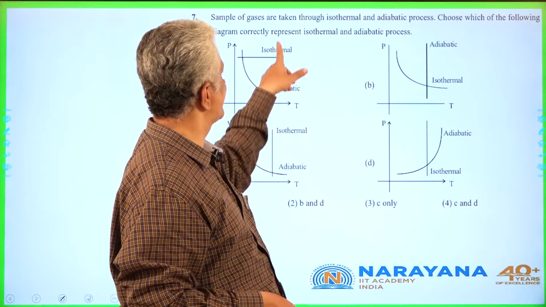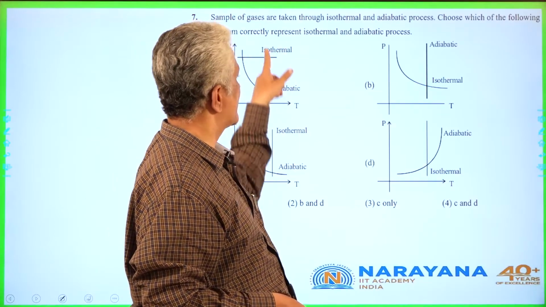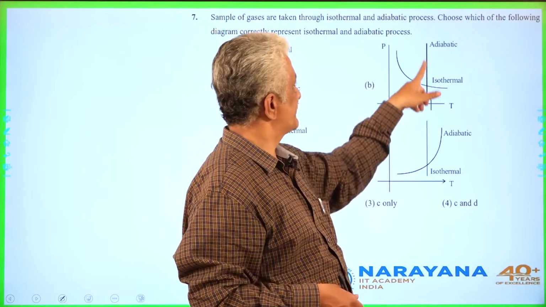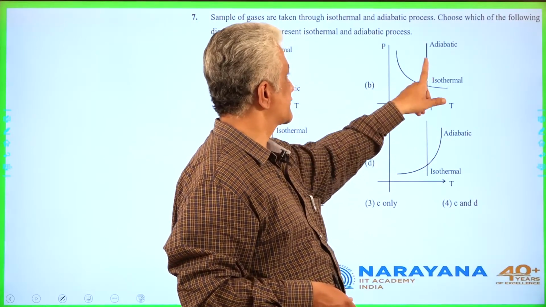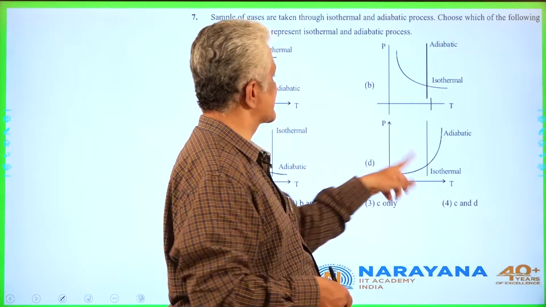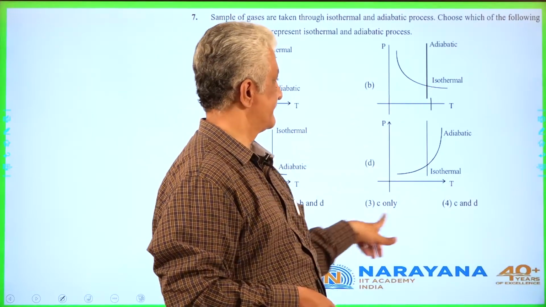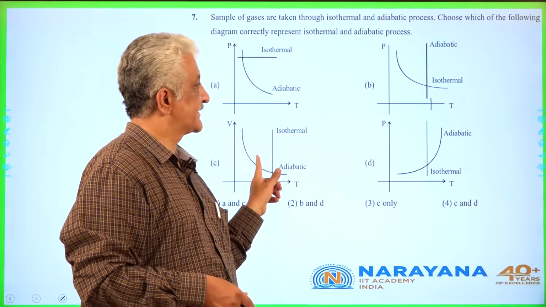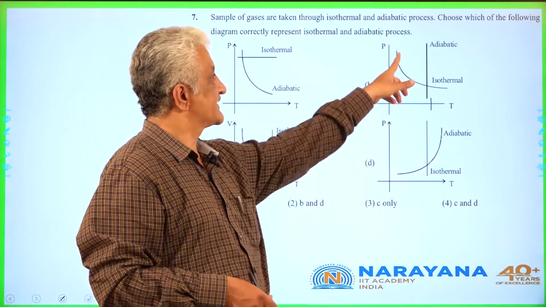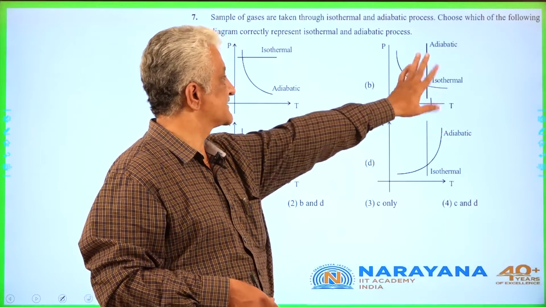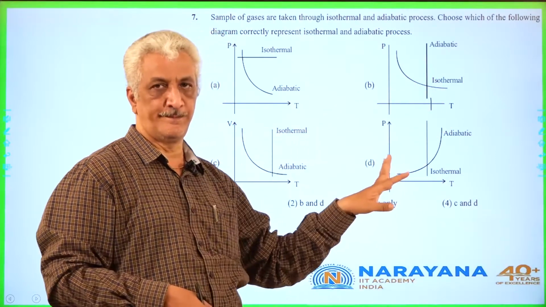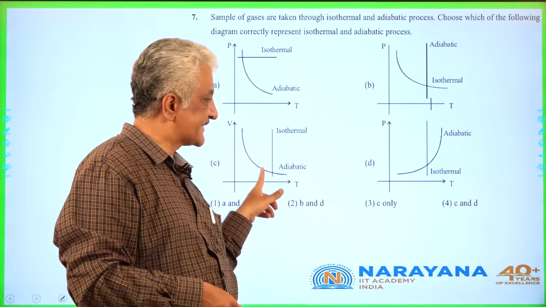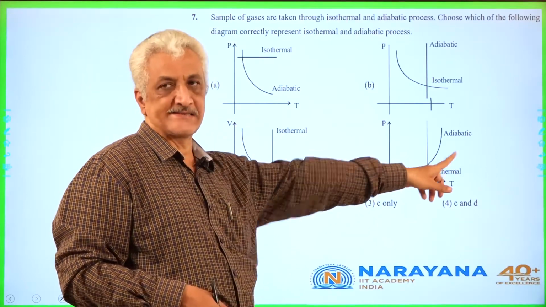In the isothermal case, temperature always remains constant, but this graph is not showing that. Even here temperature remains constant, and it is also showing like this. If you go for the adiabatic process and check, this is correct and this isothermal is wrong. Only out of these two, the graph slope is gradually decreasing here, while here the slope of the graph is increasing.